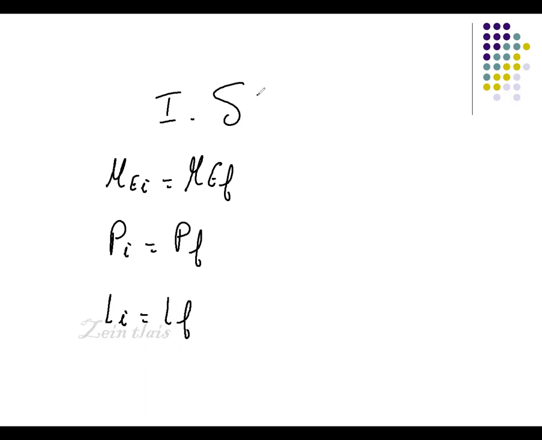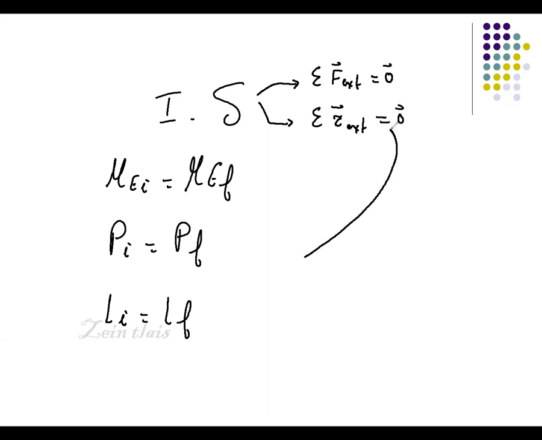Also, we have an isolated system when the summation of F external equals 0 and the summation of tau external equals 0. This one gives us this relation, and this one gives us this relation.